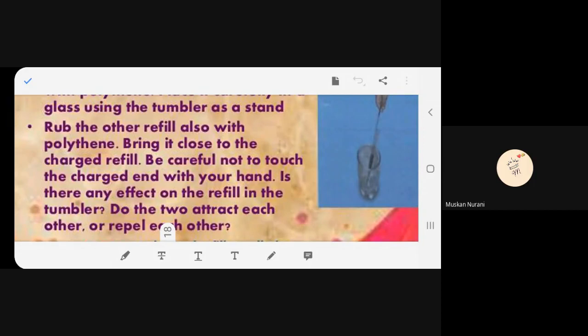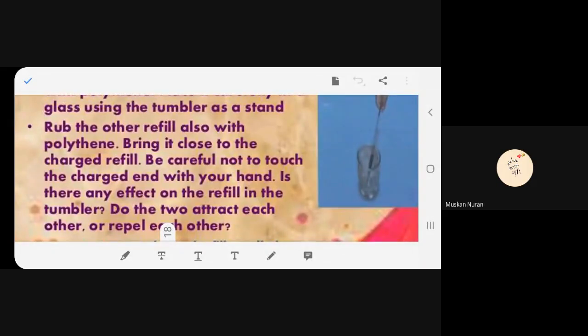Will the refill repel or attract? Both are refills, remember that.